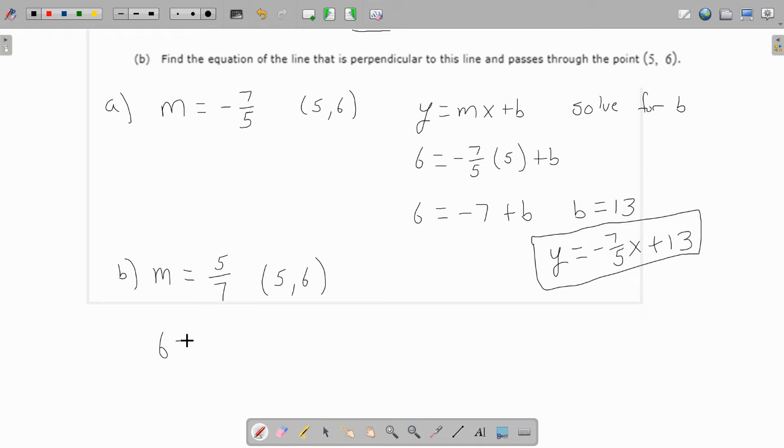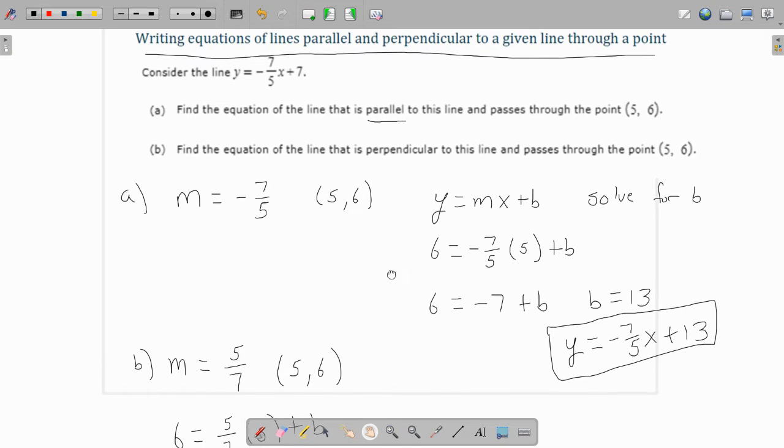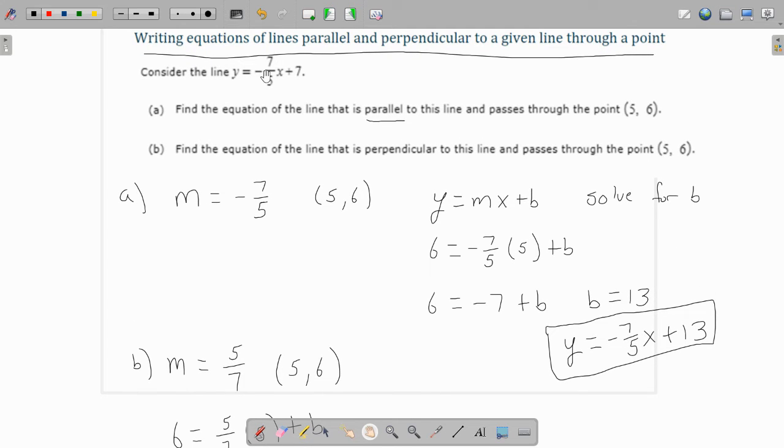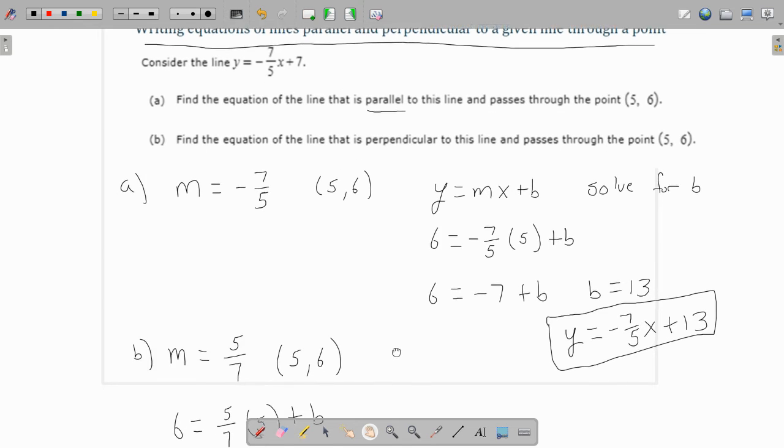All right, so y equals mx plus b. Okay, so I flipped the slope and made it opposite of the original. That's perpendicular.